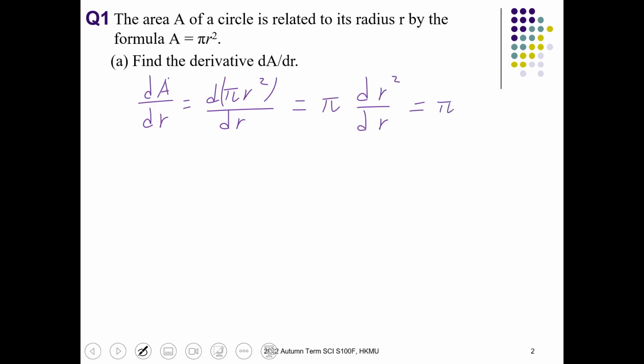Taking the first derivative of r squared simply gives 2r. You can refer to the formula in the lecture notes, where this is rule number 2, the derivative of r to the power n. Or we rearrange the equation, we have 2 pi r.